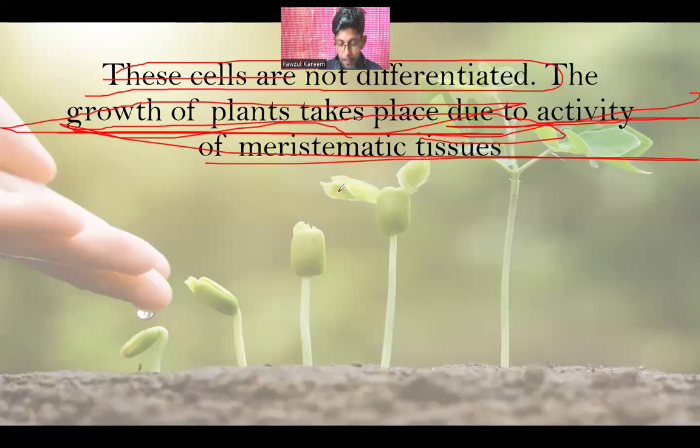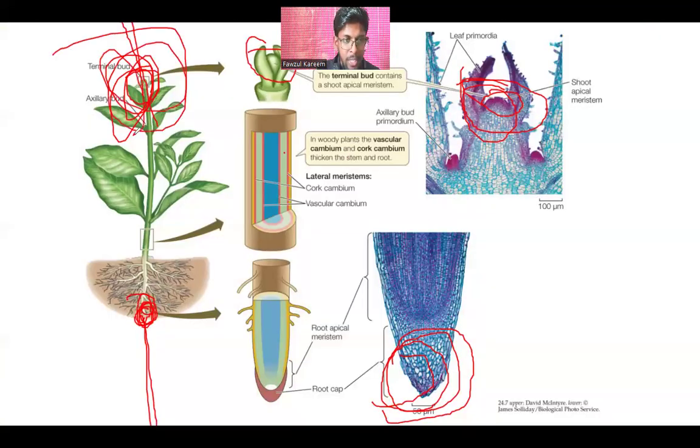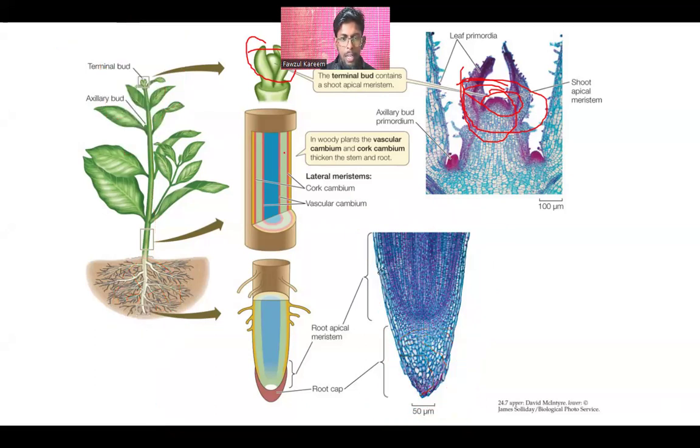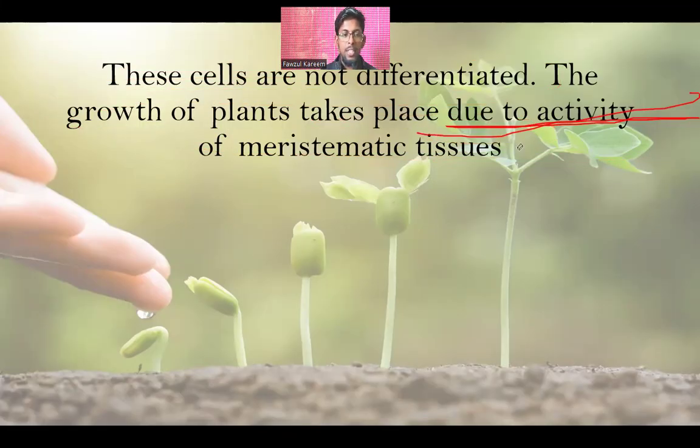That is the reason. Here they will produce new cells in this area, and here in this area they will produce new cells. So the root will grow up and the shoot system will grow up. Is it clear? This point: the cells are not differentiated. The plant will grow up due to these cells, the meristematic tissues.